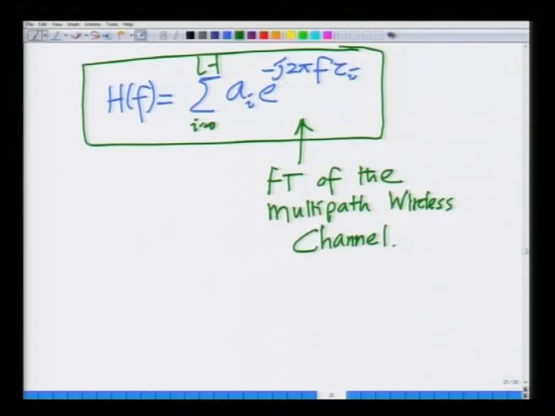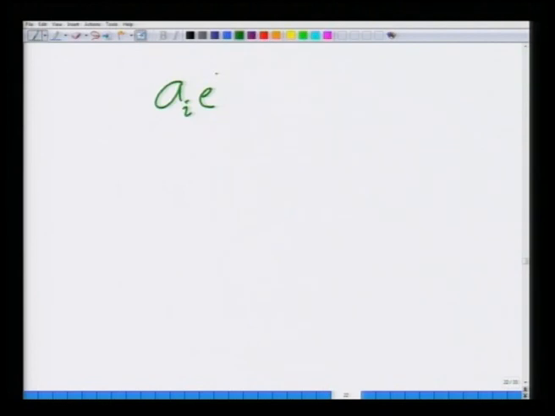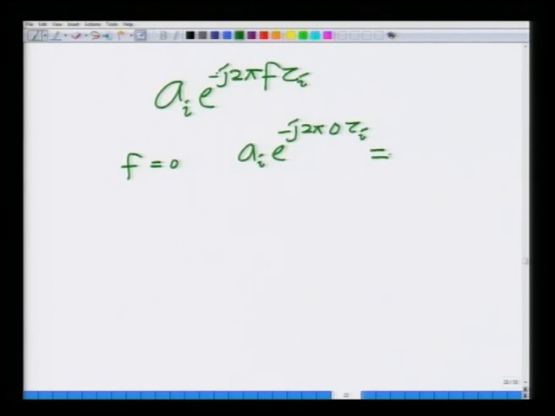Here a_i is the attenuation of the ith path, tau_i is the delay of the ith path, and the summation is over the L paths, i equals 0 to L minus 1. This is the spectrum. Now, let me look at a typical path, a_i e power minus j 2 pi f tau_i, at f equals 0. This is a_i e power minus j 2 pi 0 times tau_i, which is e power 0, which is 1.